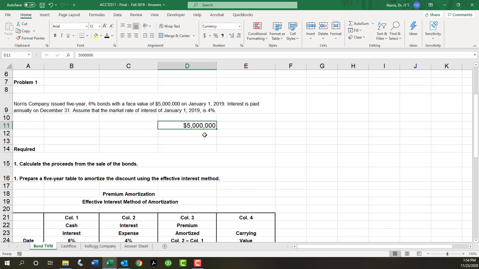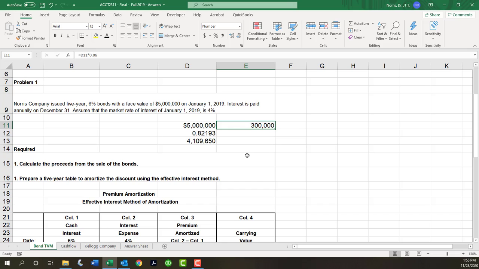So if you look at the 4% column down to row 5 in your present value tables, you will find a factor of 0.82193. That's a present value of $4,109,650.